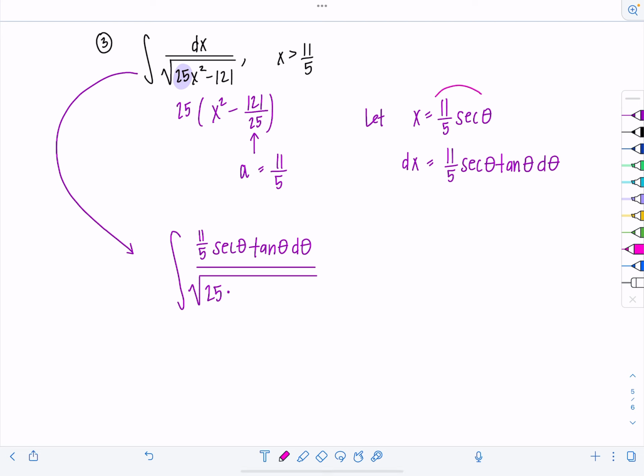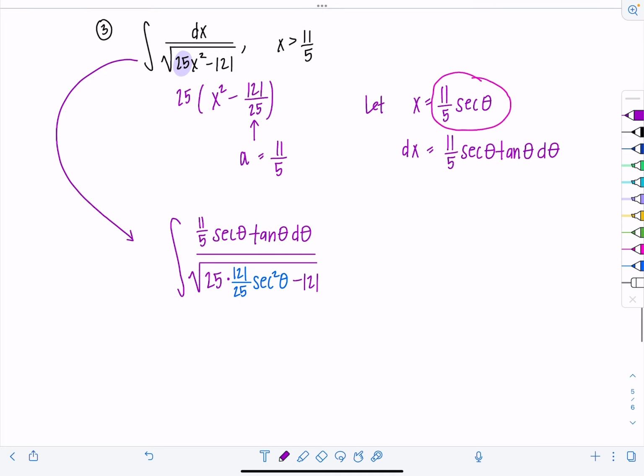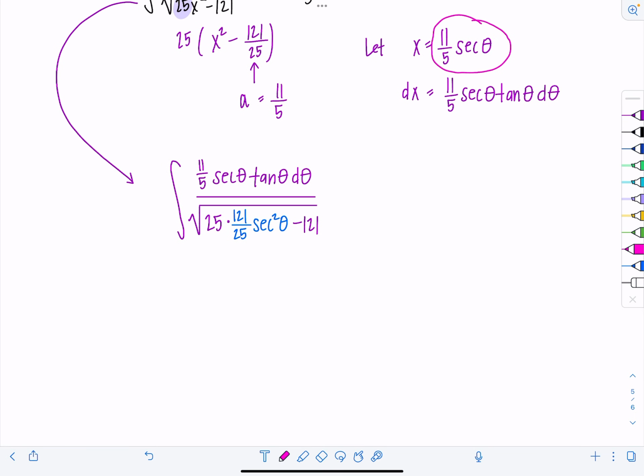So we're going to square 11 over 5 secant theta. Square it with caution. 11 squared, 121. 5 squared, 25. Then you have secant squared theta minus 121. Okay, things are looking good, aren't they? I'm so proud of us. So 25s cancel. Bam, bam.